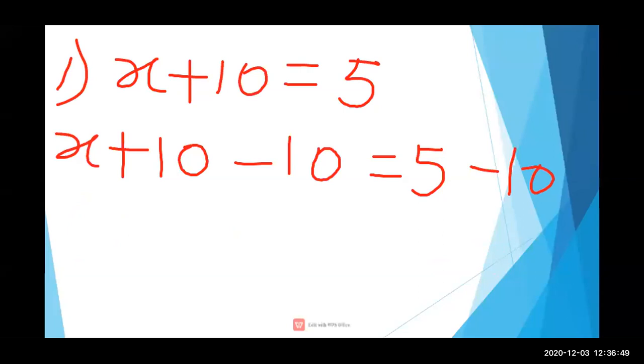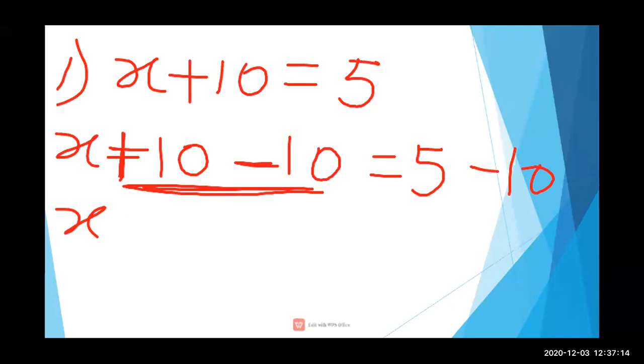Okay, now the next step. See here, x you will write as it is. Now here you will see this number. Plus minus, I have explained to you, is what?